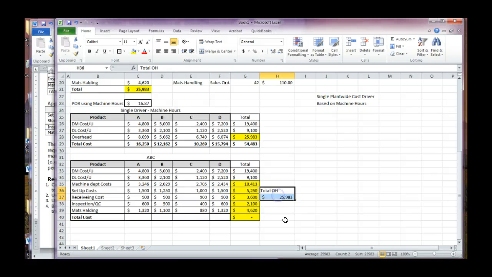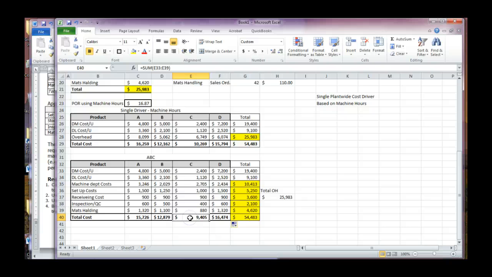Notice here, I'm allocating the same amount of overhead, but the distribution per product is going to be different. And how you find that out is by adding the columns. So if you're using ABC, look at this. Product A's production costs goes down just by adding it up differently, whereas B goes up more.